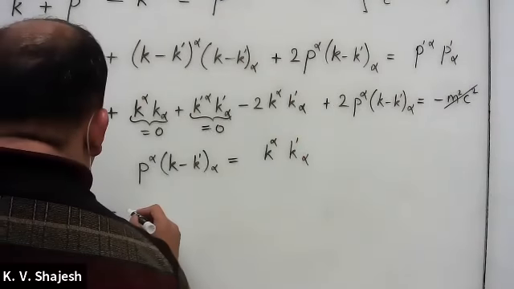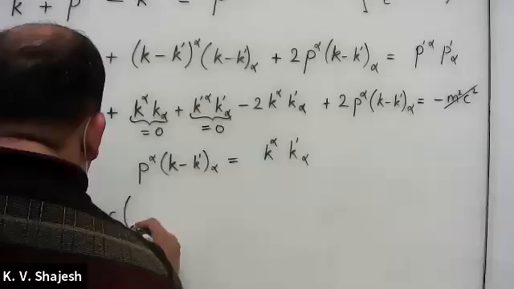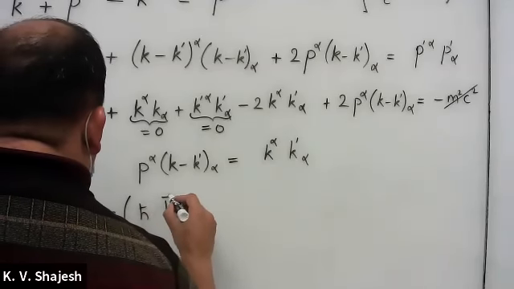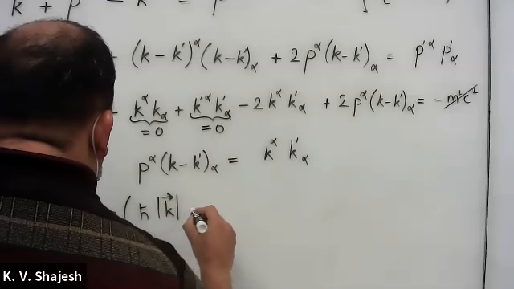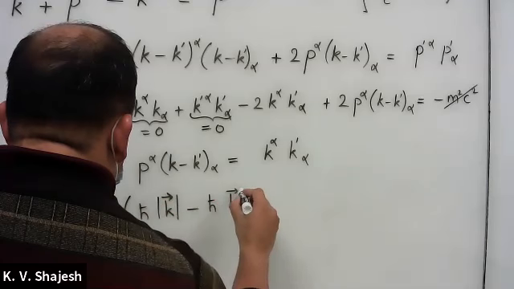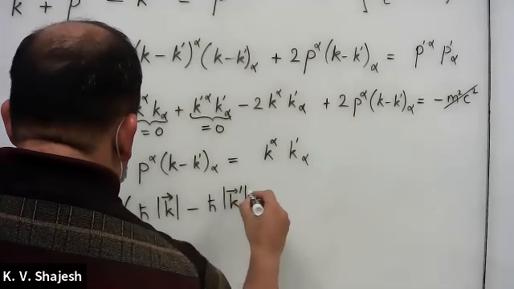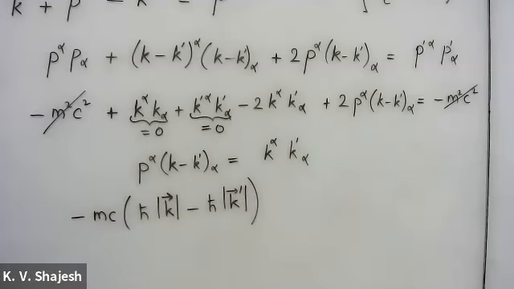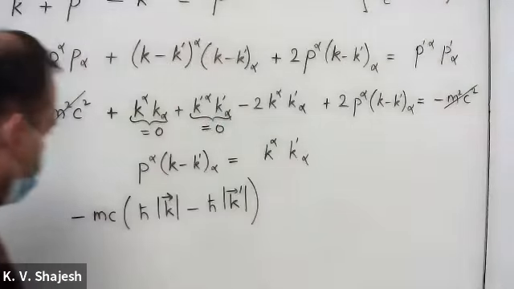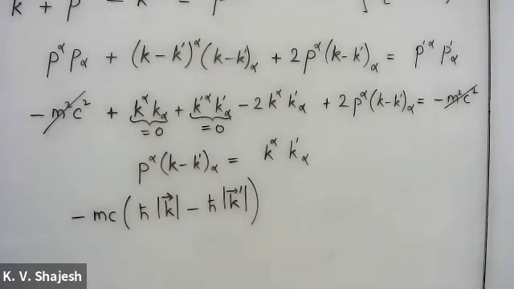So this is h bar magnitude of vector k minus h bar magnitude of vector k prime. Because the electron is at rest, the rest of the components do not contribute.